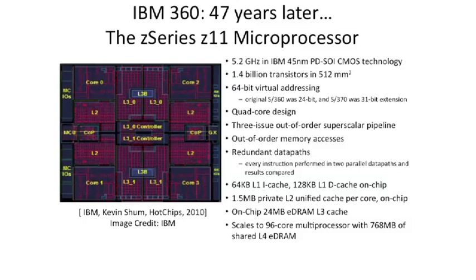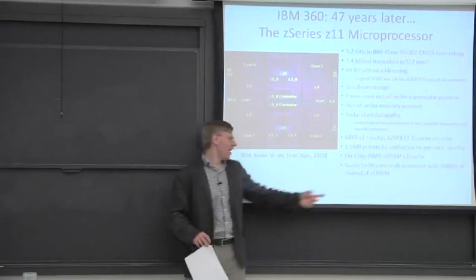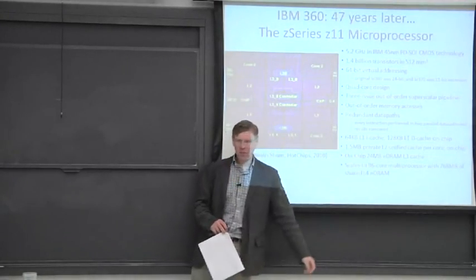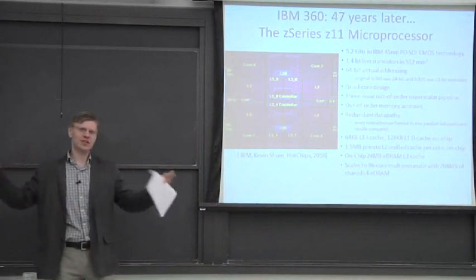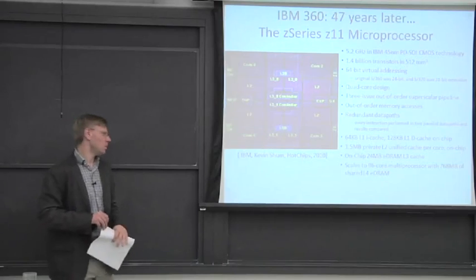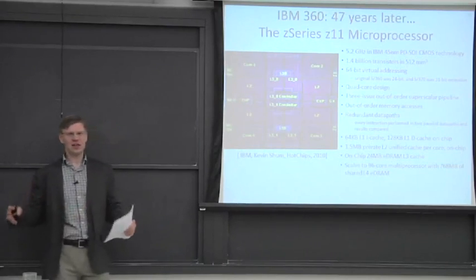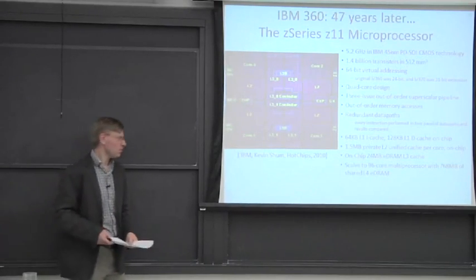It has 4 cores, out-of-order issue, out-of-order memory system, big caches, on-chip 24 megabytes of L3 cache, and you can even put multiple of these together to build a multiprocessor system out of lots and lots of multicores.